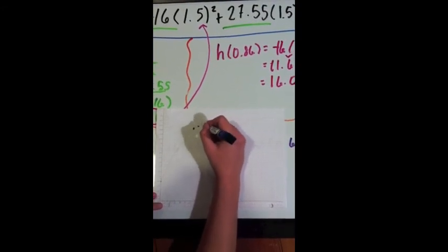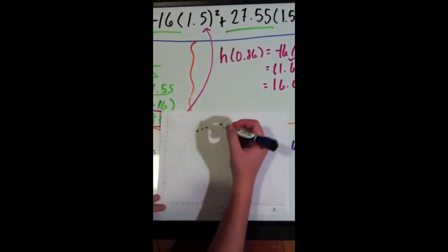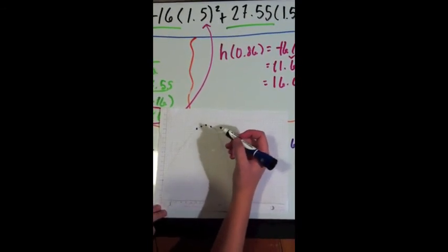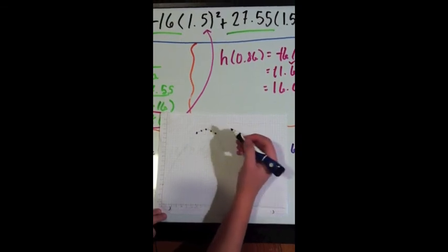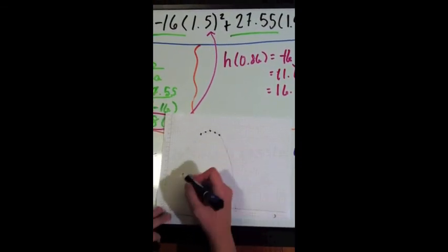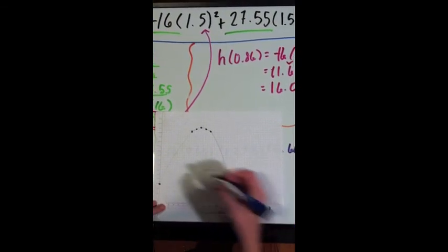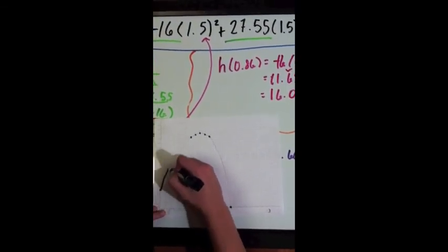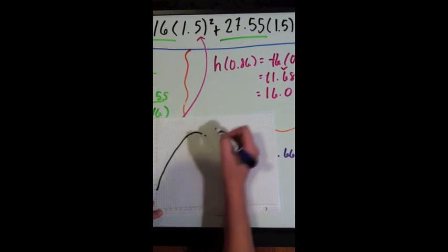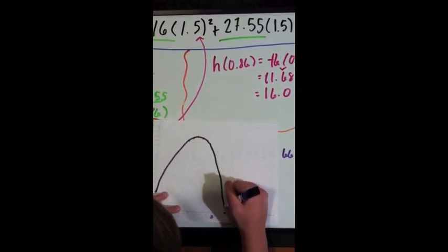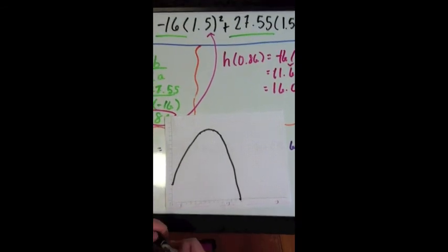Our max 0.86 at 16.01. 0.96 at 15.7, and 1.06 at 14.95. And then here's our initial height and our end height. And then just draw the parabola. And there's your final graph.